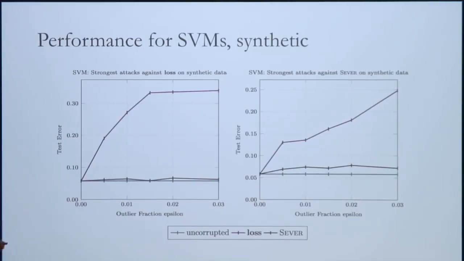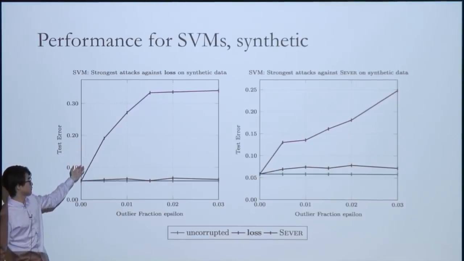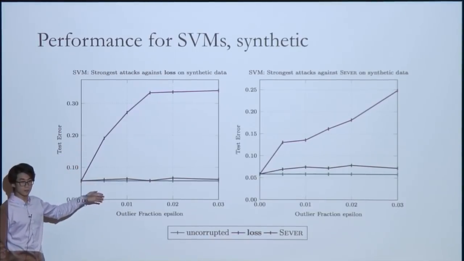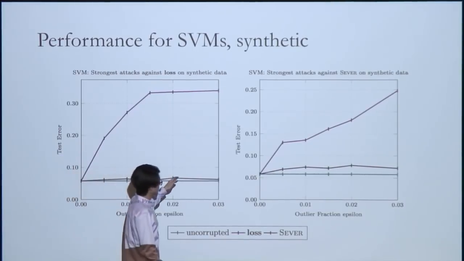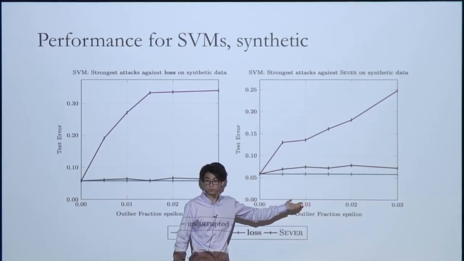We're only showing a couple here. For each baseline, including our own, we found the attack that got the highest test error. Then we plotted the performance of that defense and all the other defenses against this attack for every defense. So if you take an attack that was the worst against some other baseline, their accuracy shoots off to infinity, and ours is nice. And even if you take the strongest attack against us, we're still much better than the other defenses.